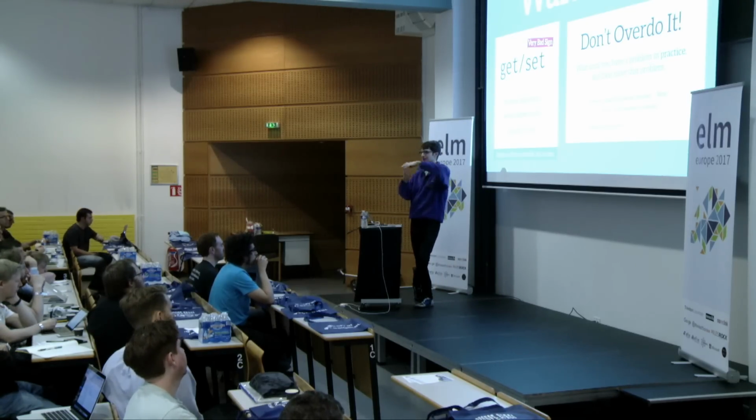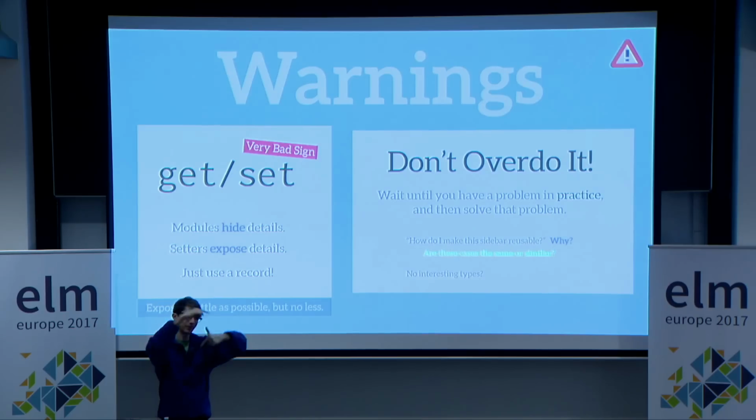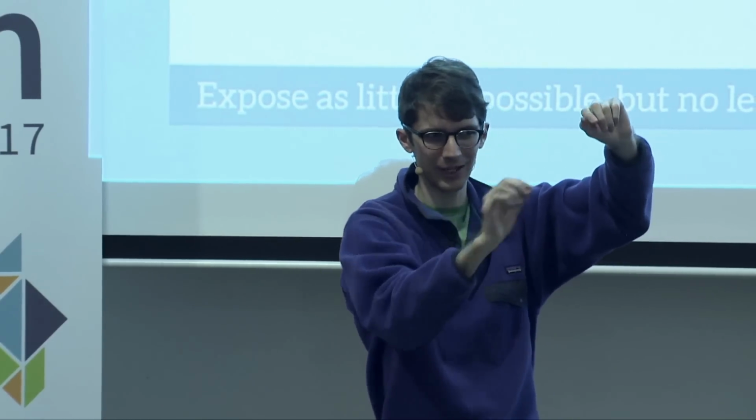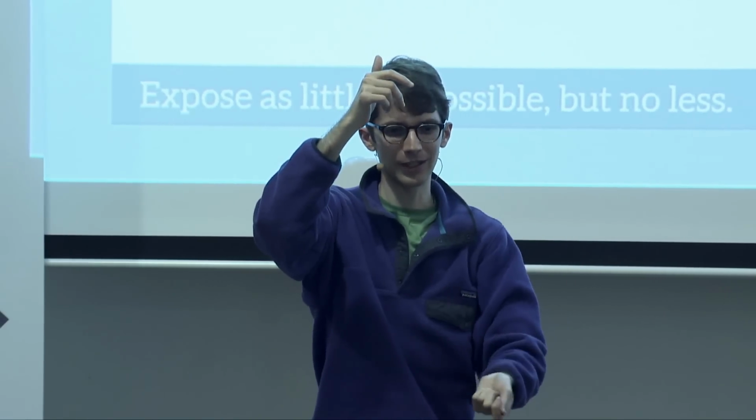Another thing that might happen is as you're growing your record, you don't have any interesting types. Like you don't have that autoplay thing where these fields are dependent on that field, and it's just a bunch of independent stuff. If they're all independent, there's no problem. If I just have fields that have no relationship to each other and I change one, there's not a chance that there's some bug elsewhere.